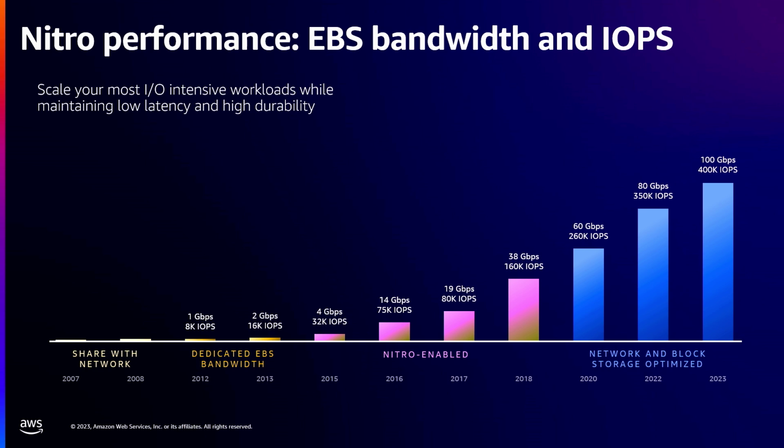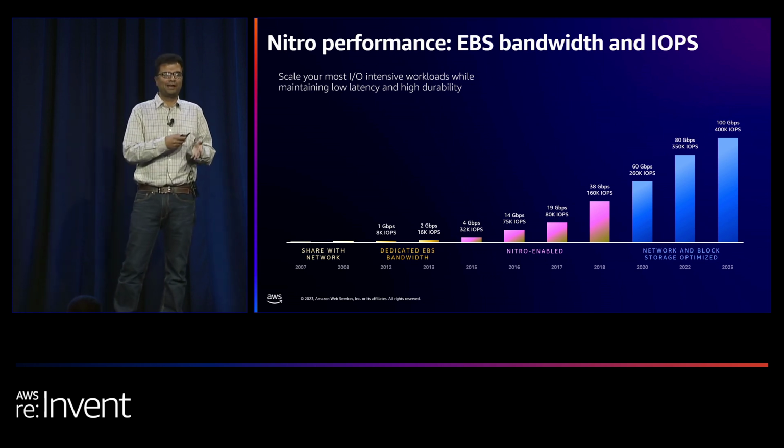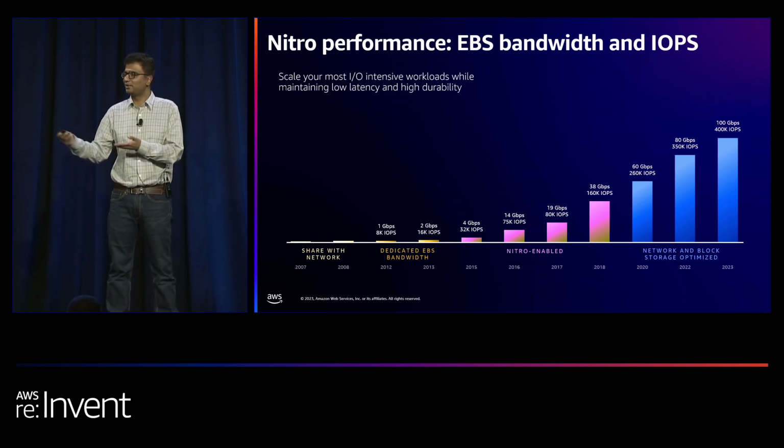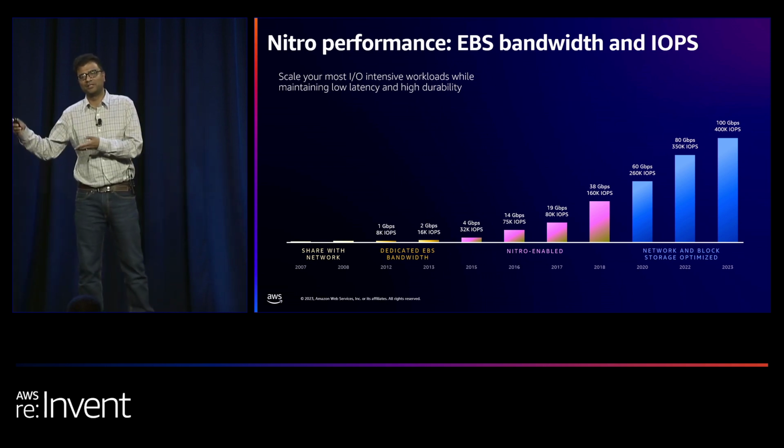For example, with our Gen 5 instances, we were able to support EBS bandwidth of about 19 Gbps. And with our Gen 6 and Gen 7 instances, we were able to support EBS bandwidth even higher, about 40 Gbps. Now, the customer said to us that they have more demanding workloads like file system or even database workloads, and they need even higher EBS bandwidth.